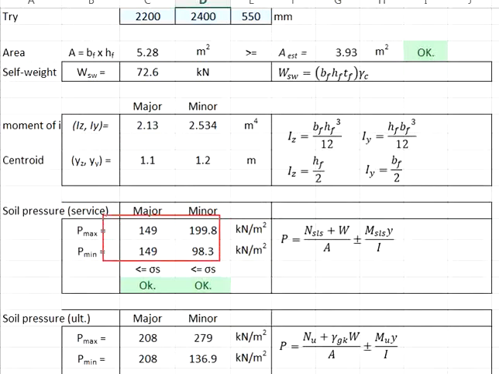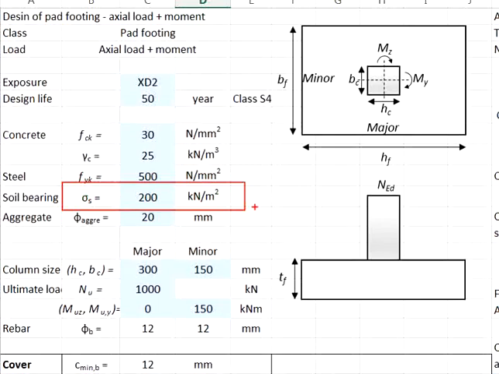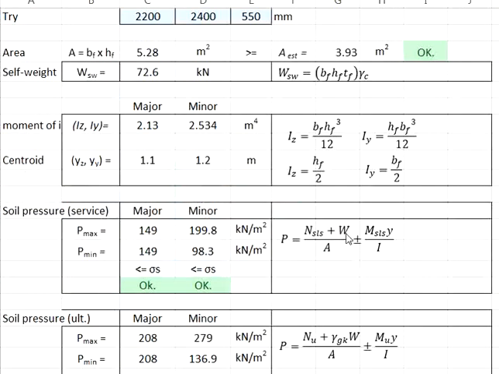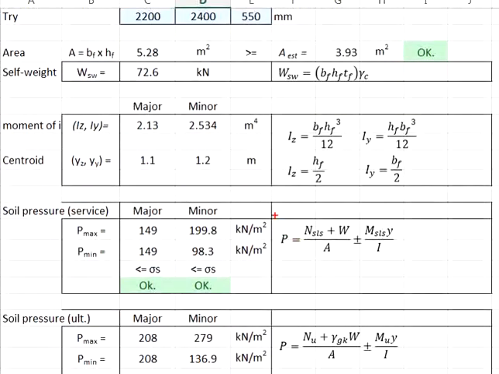The calculated soil pressure will later be checked against the soil bearing capacity of 200 kN per meter square. Make sure the soil bearing capacity is not exceeded. In the case that the soil bearing capacity is exceeded, you will need to revise the dimensions proposed, and then recalculate the soil pressure using this formula until you get your soil pressure less than the soil bearing capacity.